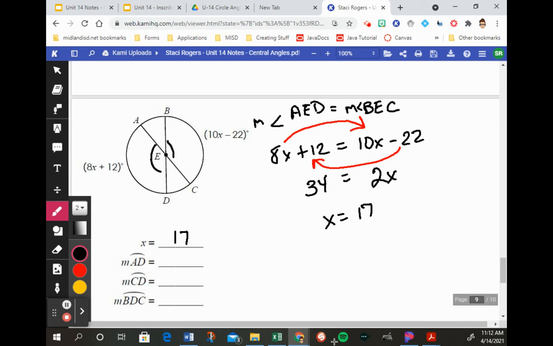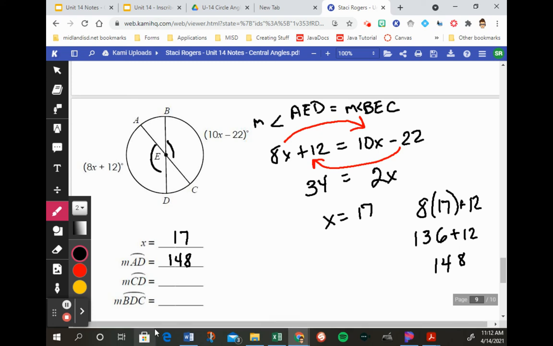So here's 17. Measure of AD. So now I need to plug in 8 times 17 plus 12. So 8 times 17 is 136, plus 12, that's 148.